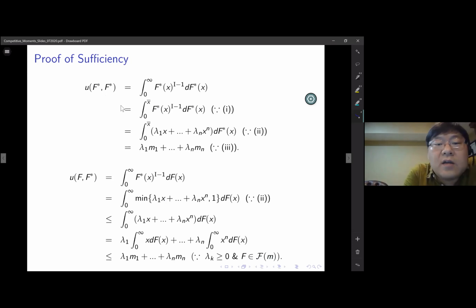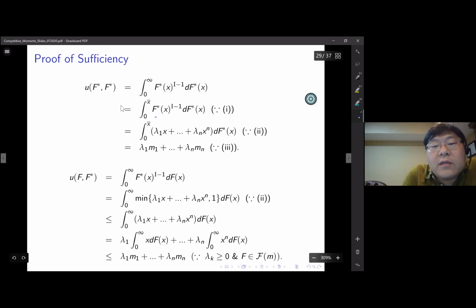Okay. Now looking at this F star, this is the equilibrium payoff. The equilibrium payoff can be written this way, as we talked about. Where the support of F star is from 0 to X upper bar, we can replace this infinity with X upper bar. This is property 1.